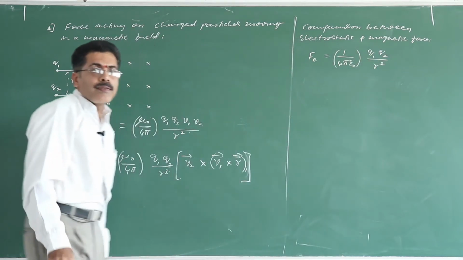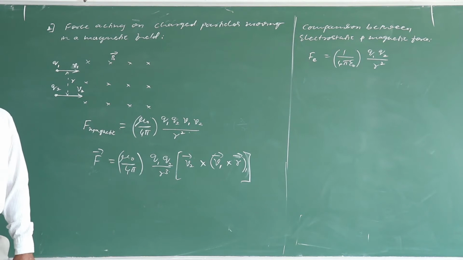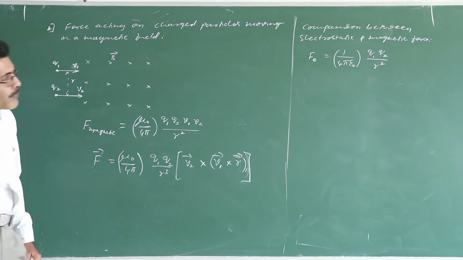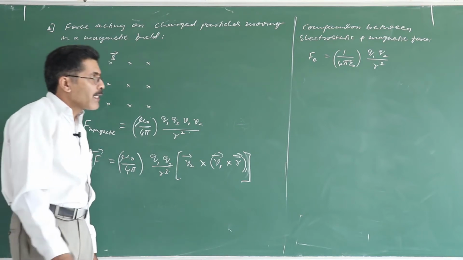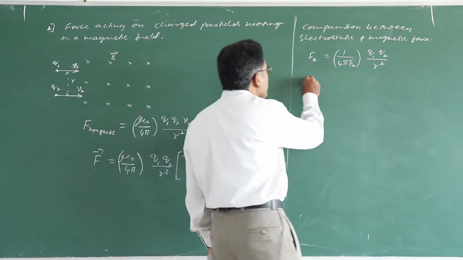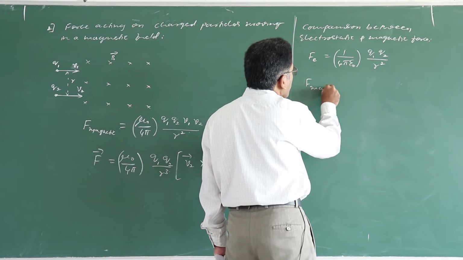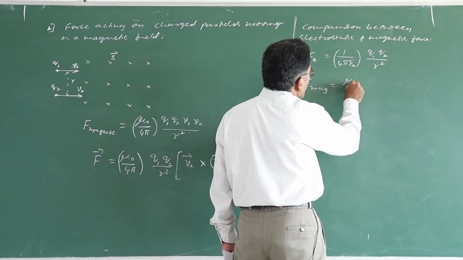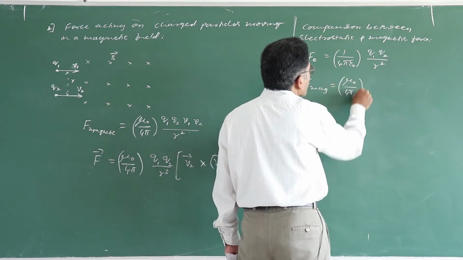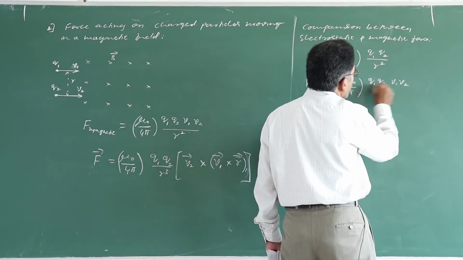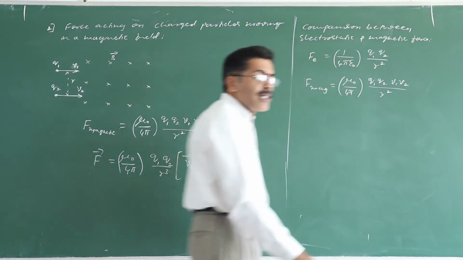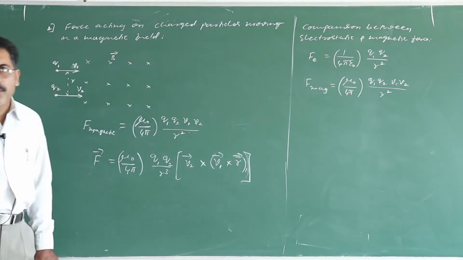Assuming that momentarily the charged particles are at rest, we can apply Coulomb's law. And we already know the magnetic force is given by mu naught by 4 pi q1 q2 into v1 v2 by r square. This is the magnitude of magnetic force.